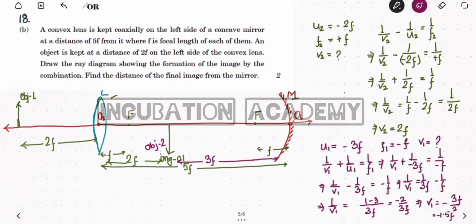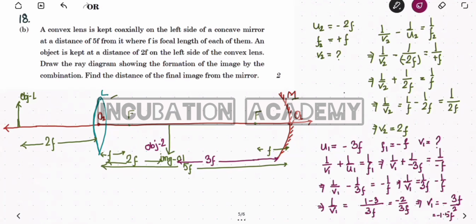So obviously the image is in front of the mirror, on the left side of the mirror, and the image is inverted. If you place the object at a distance more than 2f, here image 1, which serves as the object for the mirror, is at a distance greater than 2f from the mirror.